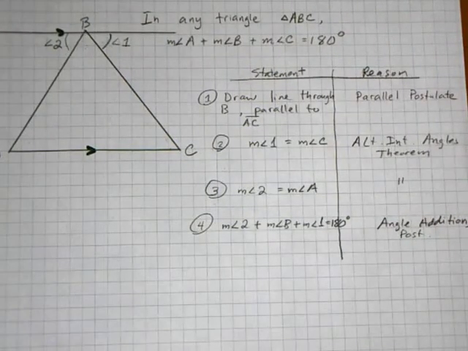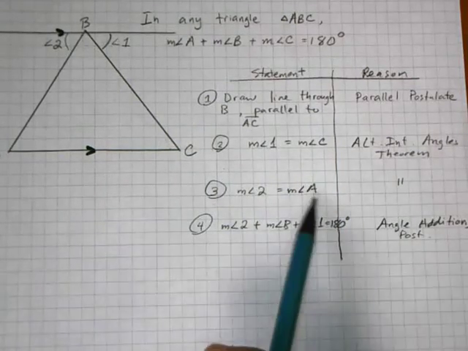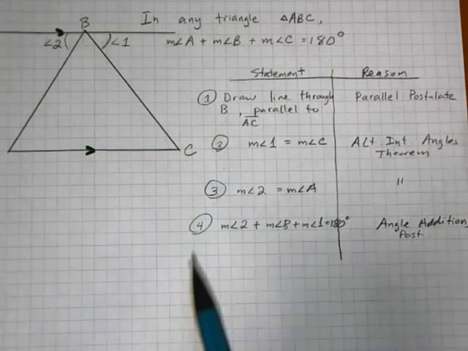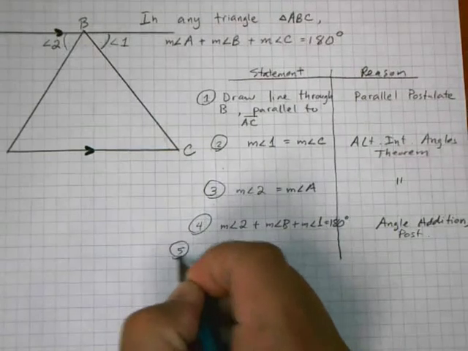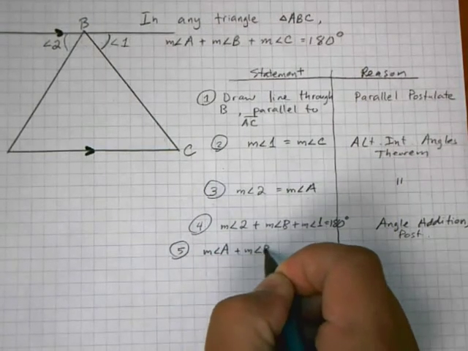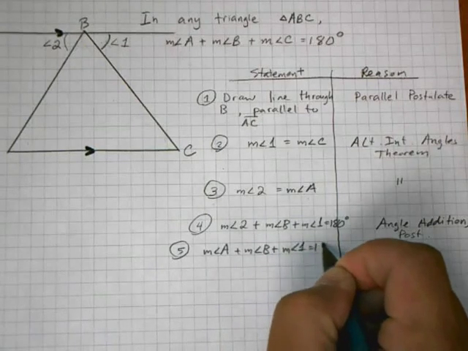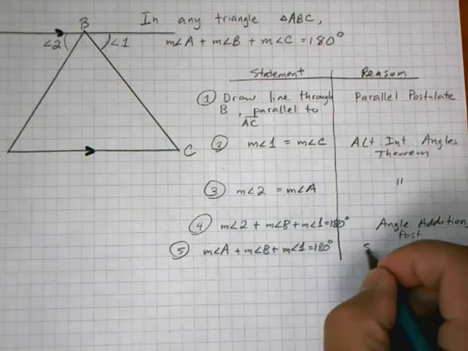Now I can take angle A and substitute it in for 2. So I can say the measure of angle A plus the measure of angle B plus the measure of angle 1 equals 180 degrees. And this is substitution.